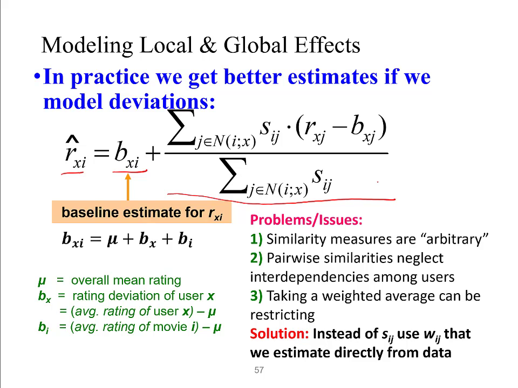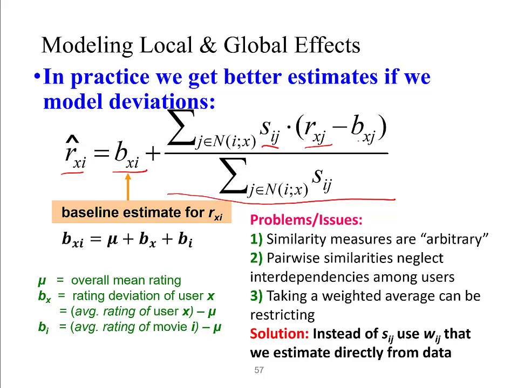What we do here is try to revise b_xi. The idea is to consider the neighbors of item i for the same user. If we denote these neighbors as j, then s_ij is the similarity between item i and item j. r_xj is the rating of user x on item j, and b_xj is the baseline estimate of r_xj.